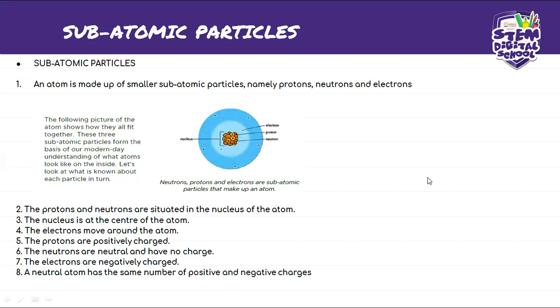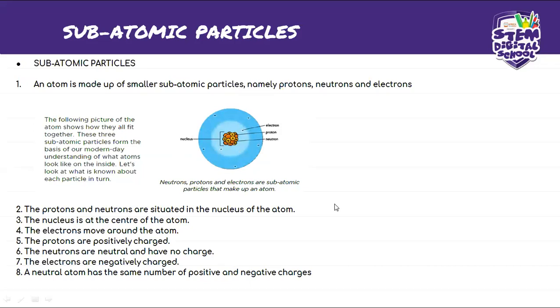So if we go to this diagram, let's count the protons, those that are plus. We count 1, 2, 3, 4, 5, 6, 7. So we have 7. Let's count again: 1, 2, 3, 4, 5, 6, 7.